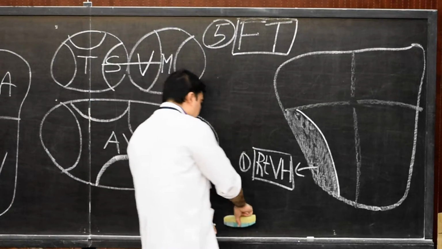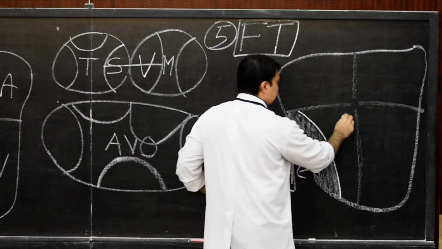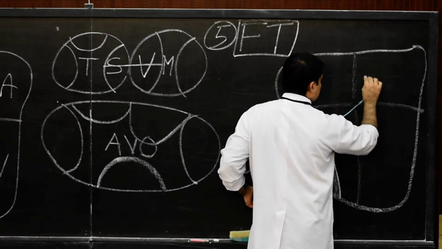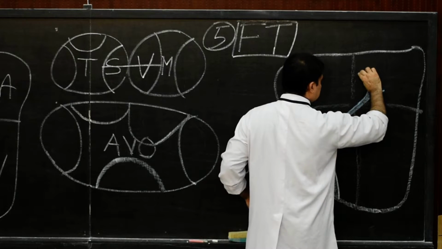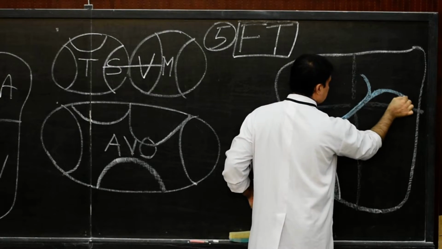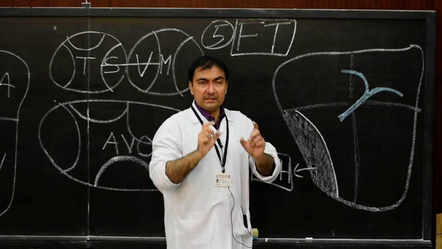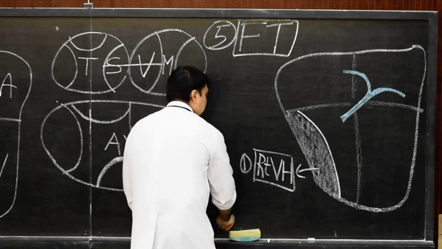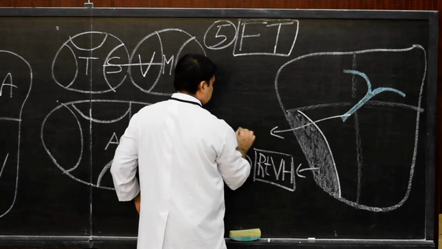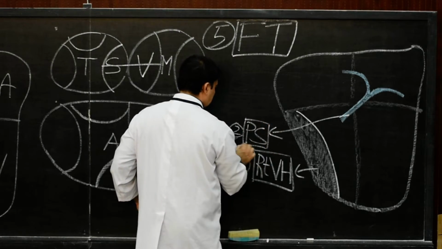So there will be pulmonary stenosis. Now here, this is what we show, pulmonary stenosis. The pulmonary stenosis means the pulmonary trunk is stenosed, narrowed down, very narrow pulmonary trunk. So here I will name this as number 2, pulmonary stenosis.